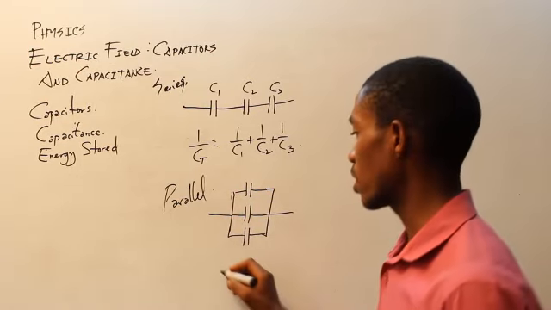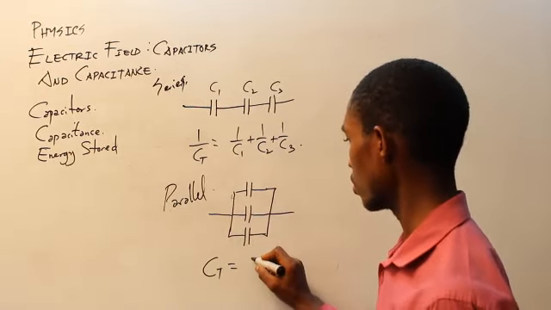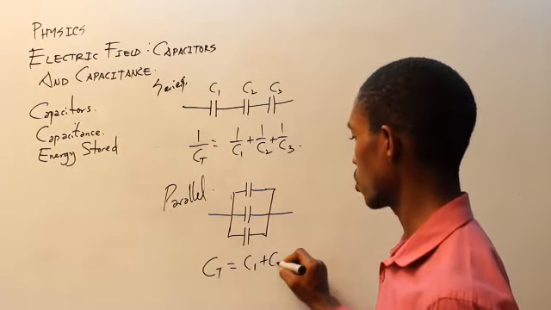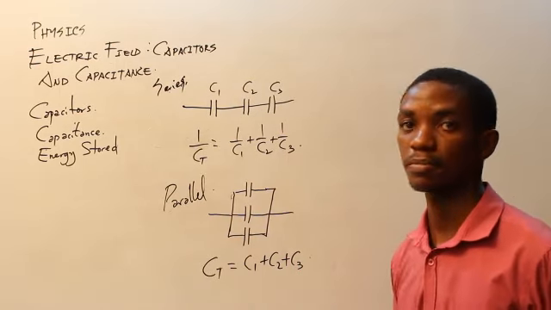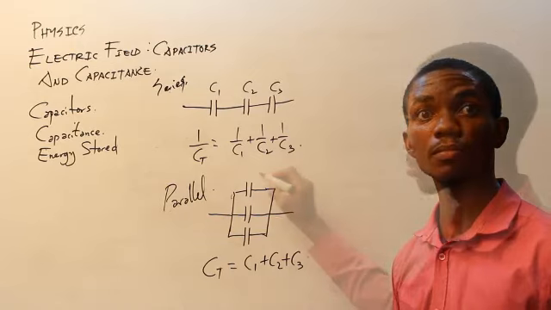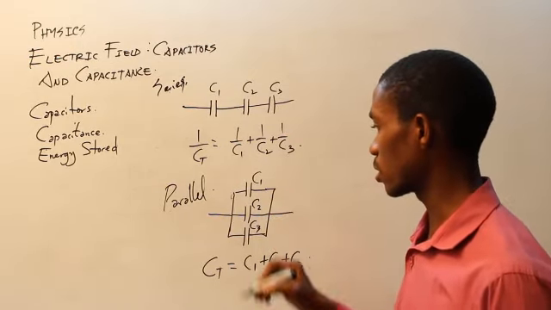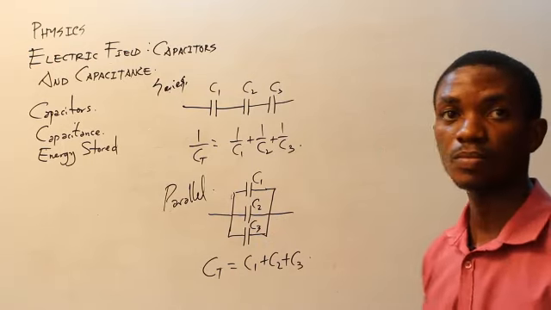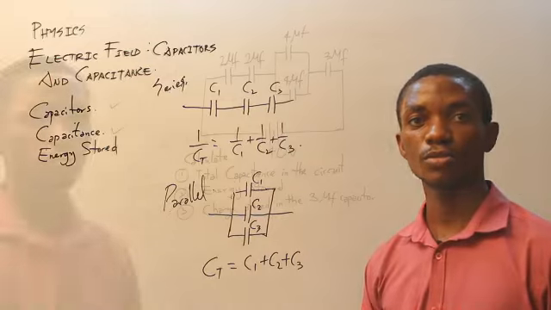It is simply calculated as CT equals C1 plus C2 plus C3, where this is C1 and this is C2 and this is C3. You simply add their numerical values.